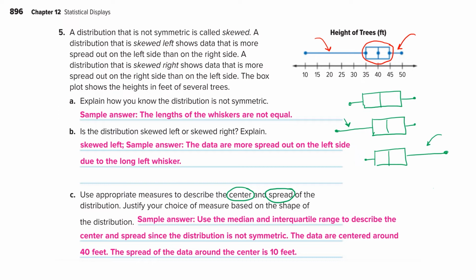All right, so the median is right here. And remember, interquartile range is the difference between quartile 1 and quartile 3. So that would be from 35 to 45, which is a difference of 10 feet.